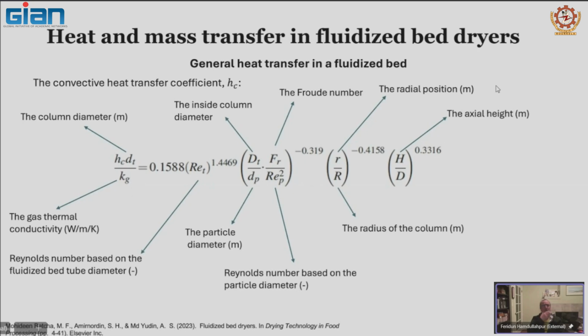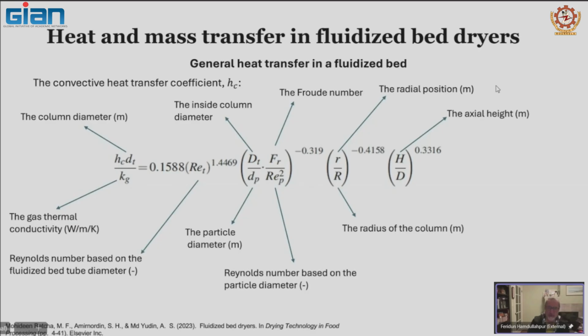and this is the most general equation you can use, and you have to know the Reynolds number of particles, and the Reynolds number within the tube or the vessel, for which the characteristic length is the diameter of the bed, whereas the particle Reynolds number is characterized by the particle diameter, and then you use those.